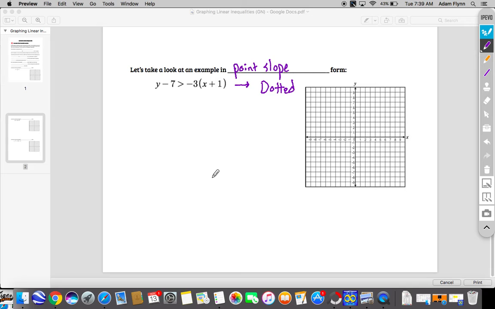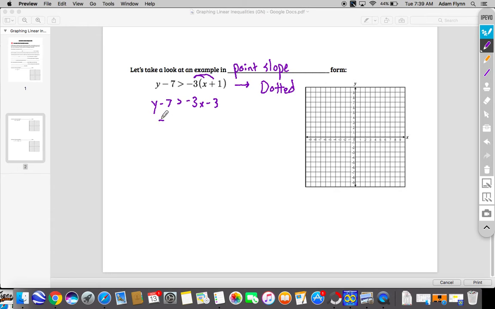Now what I'm going to do, I'm just going to distribute my negative 3 to everything in parentheses, get the y by itself, and then I'll have an inequality in slope-intercept form. So when I do this, I get y minus 7 is greater than negative 3x minus 3.